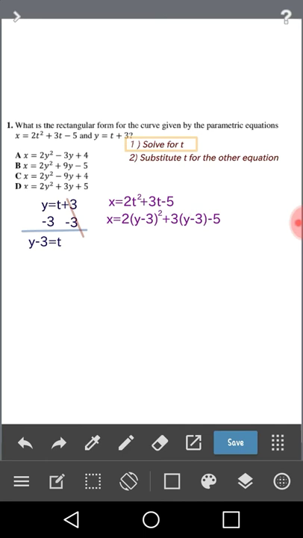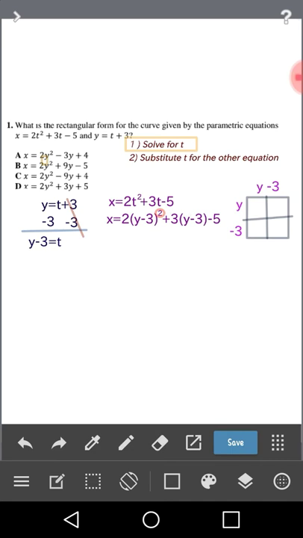In this case, you would distribute the exponent first. You put y minus 3 on the top and y minus 3 on the side, using the box method.